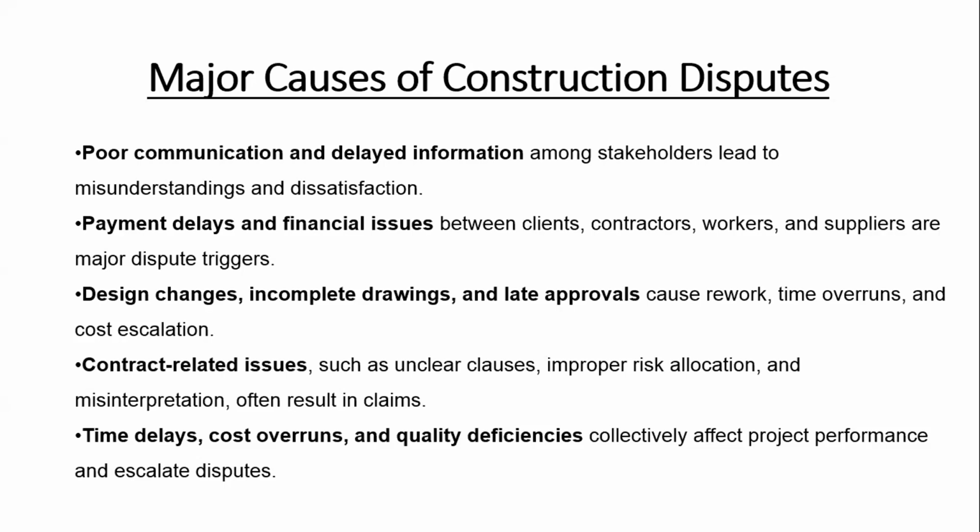Design changes, incomplete drawings, and late approvals also cause rework, time overruns, and cost escalation. Many contract-related issues are also there, such as unclear clauses, improper risk allocation, and misinterpretations, which often result in claims. And lastly, time delays, cost overruns, and quality deficiency collectively affect project performance and escalate disputes.